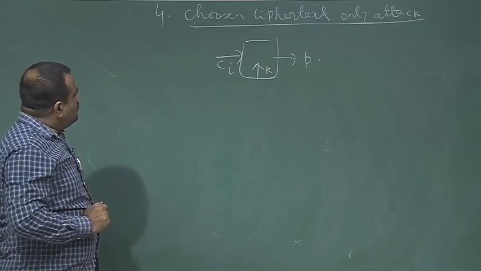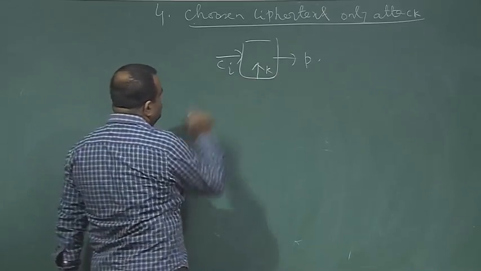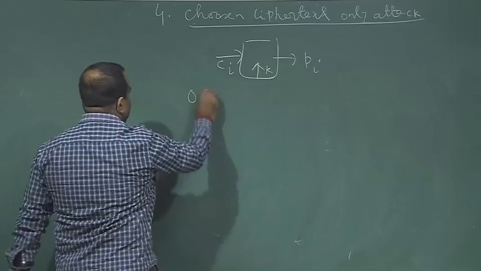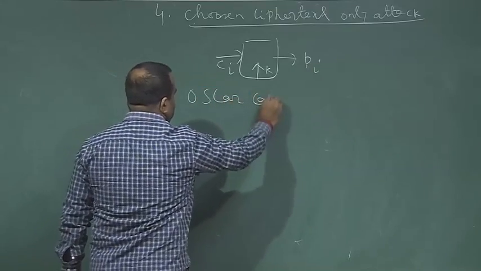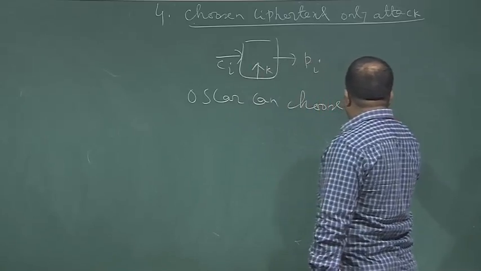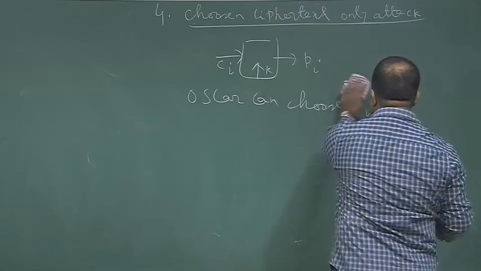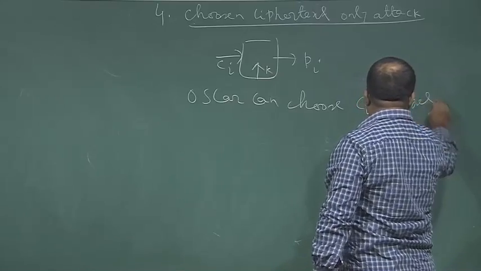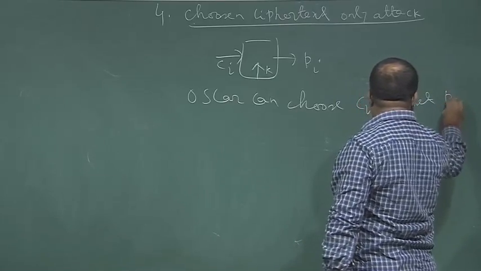The key is built in, so Oscar can choose Ci and get the corresponding Pi.